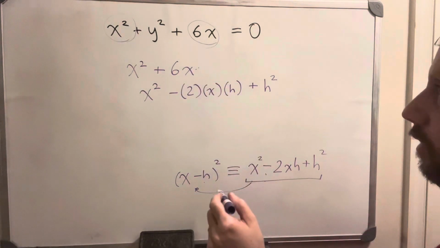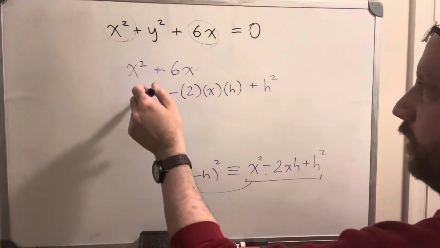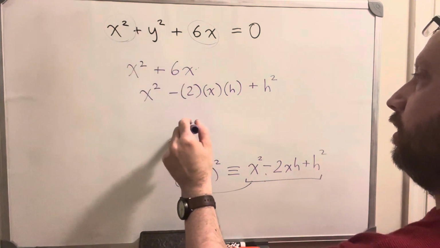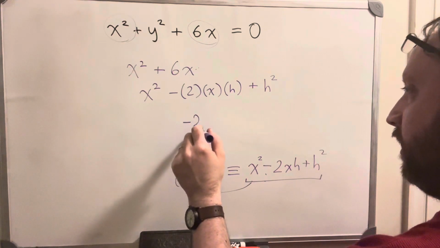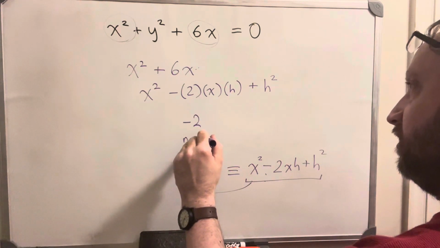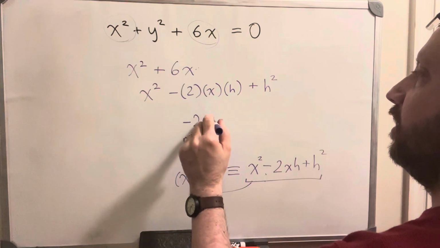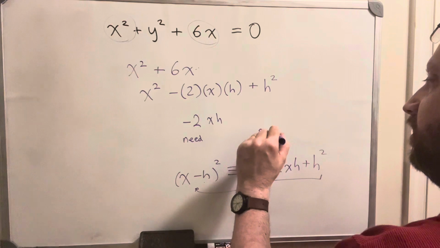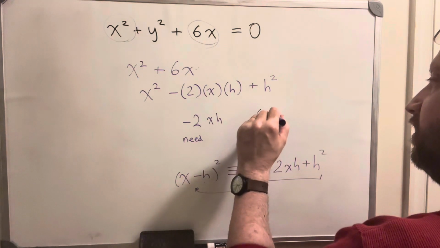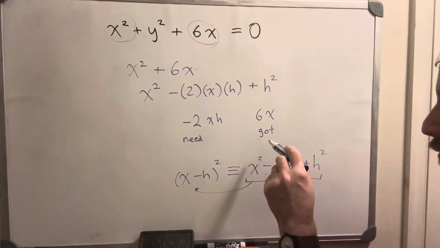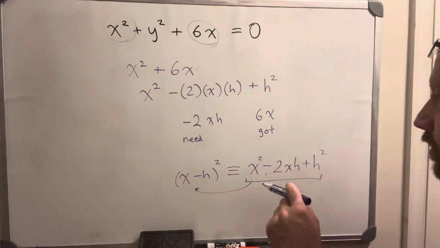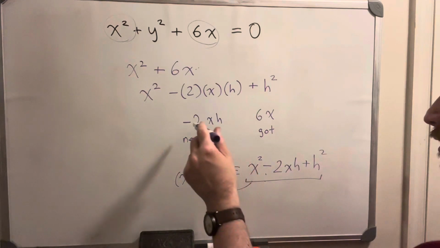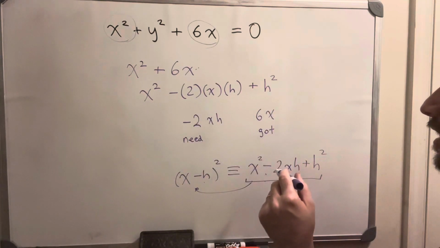So what do we do? x squared and x squared, these two are exactly alike, but this is what we need. And this is what we've got. So what would you do? Do you have any ideas? We need a minus 2 here, but we've got a 6.